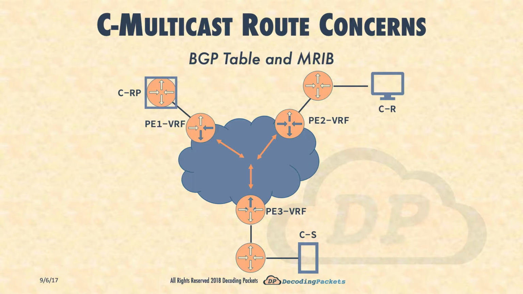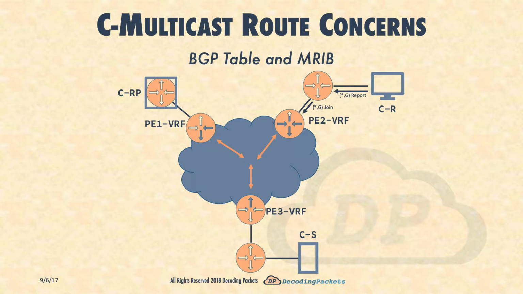C-R starts things off by sending an IGMPv2 membership report to its local PIM DR. This PIM DR creates a state in its MRIB and creates a PIM join to send upstream. The source IP in this join would be the C-RP, as it is a *,G or an RPT join. So the DR looks up the RPF neighbor for that IP address, that is the C-RP, and sends a PIM RPT join towards PE2 because it's across the VPN.